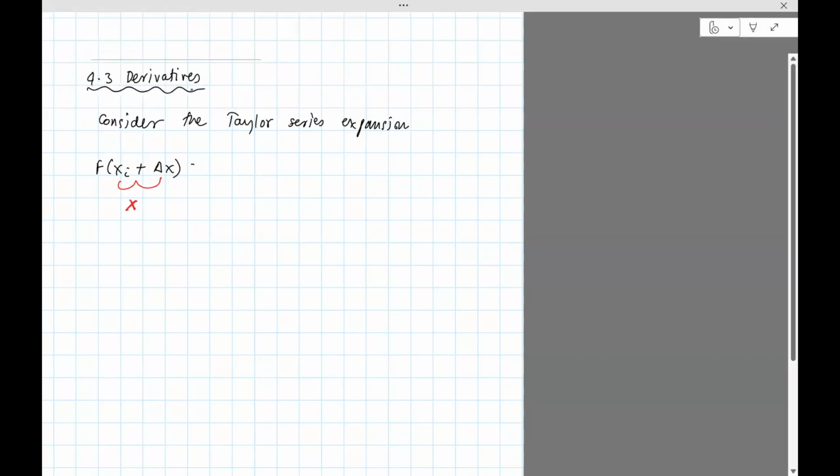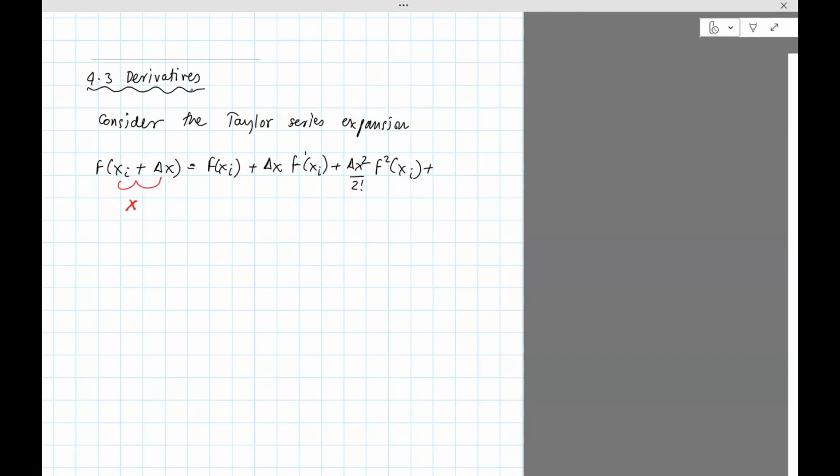Okay, so we can expand this out as f of xi plus delta x. The right hand side will remain the same: f of xi plus delta x f1 xi plus delta x square over 2 factorial f2 xi and so on. Let me put another term because we'll need this when we talk about truncation error.